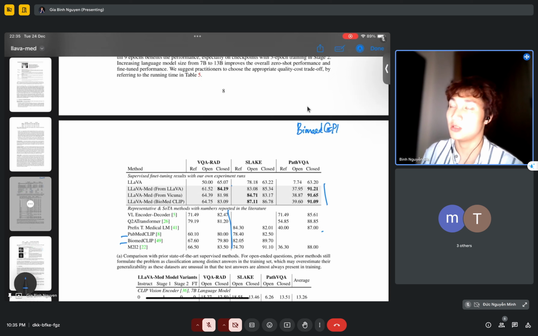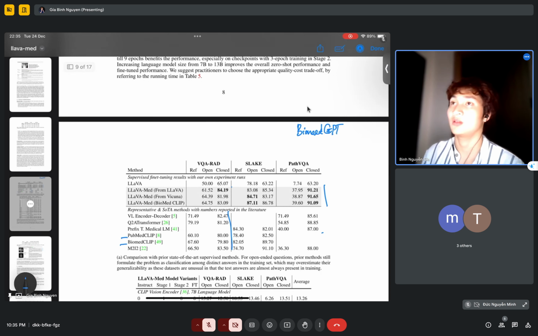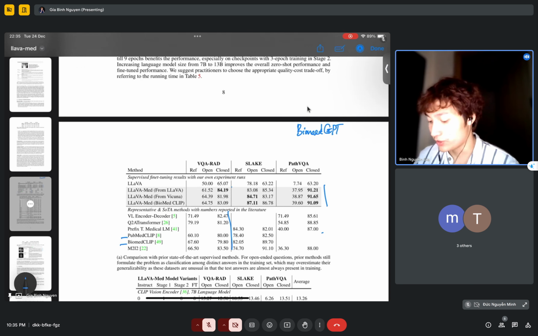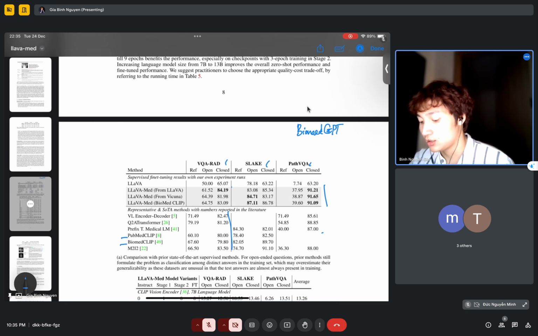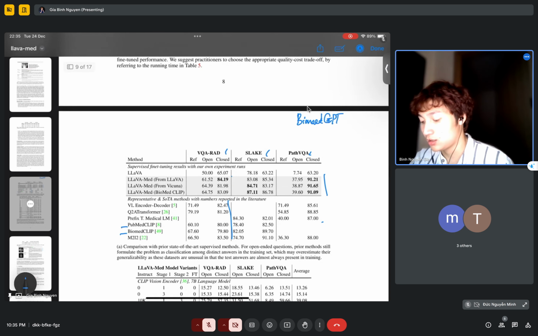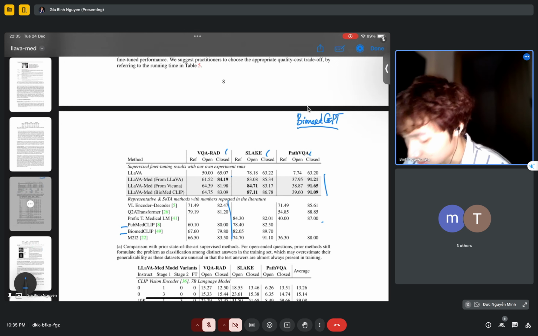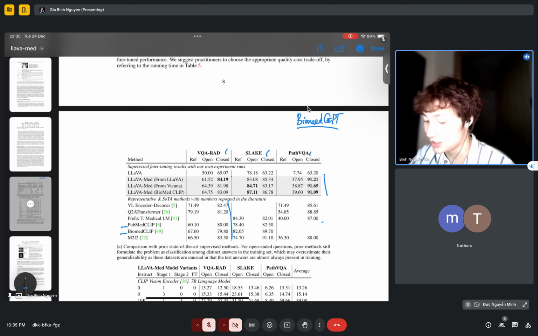It also has quite impressive results on the datasets, and I think the most advantage of these models is the parameter count.